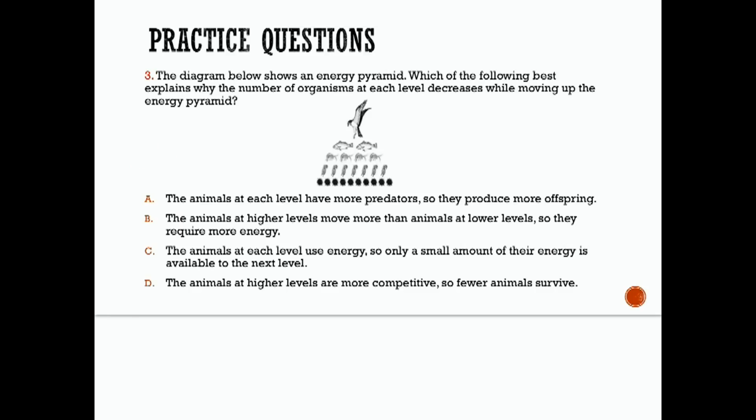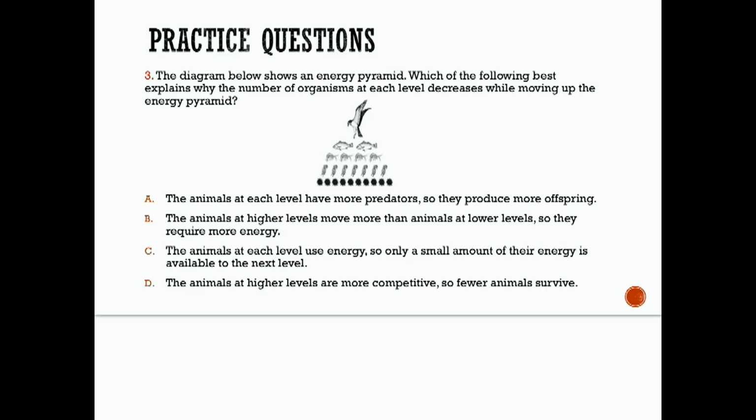Number 3, the diagram below shows an energy pyramid. Which of the following best explains why the number of organisms at each level decreases while moving up the energy pyramid? So pause this and look at your answer choices. Okay, each level in a food chain provides energy for the level above it, right?